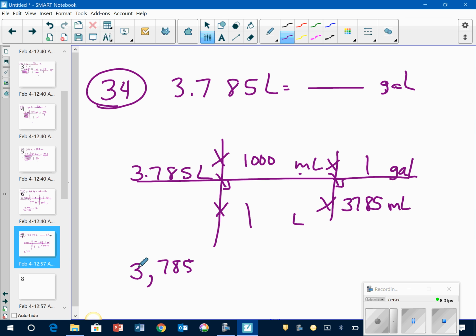So 3.785 times 1,000 equals 3,785. And then 1 times 3,785 will be on the bottom. And you divide that and you get 1. So your 3.785 liters would be about equal to 1 gallon.